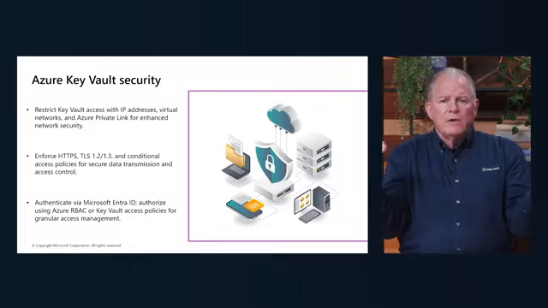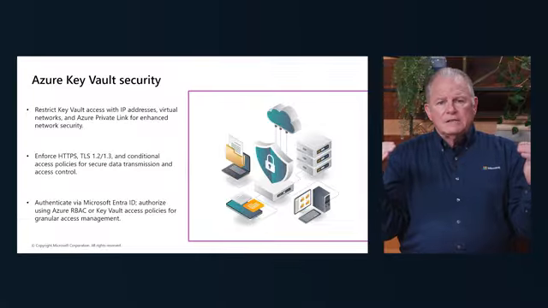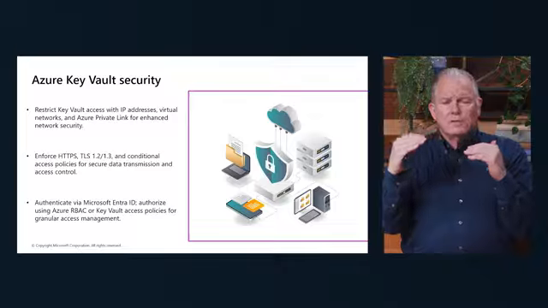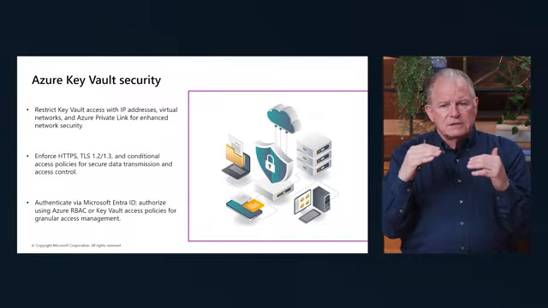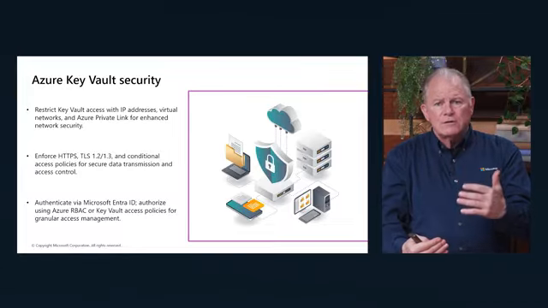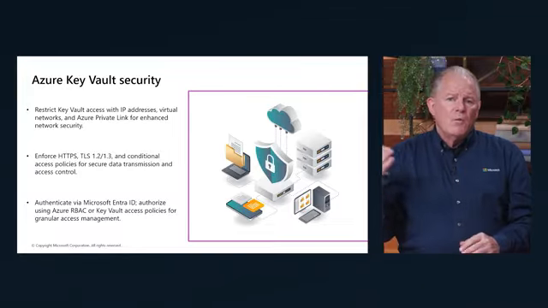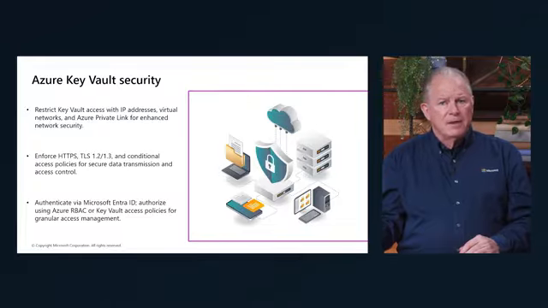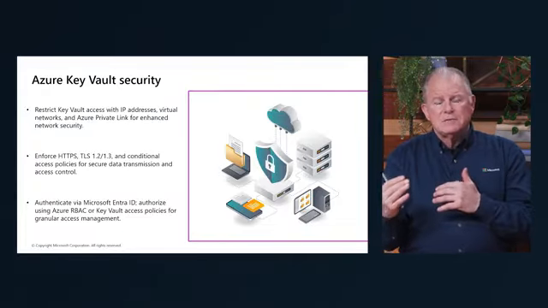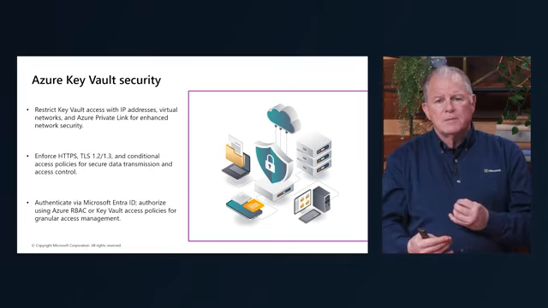So how do I control the network access to these? And so there's the management of the vault, and then there's the use of the vault. So you might want to have different protections of who can manage it. Maybe you're going to have it from secure internal IP addresses only, when you might have a publicly available application trying to access the information. So the data plane versus the management plane, you want to consider that from a security perspective.